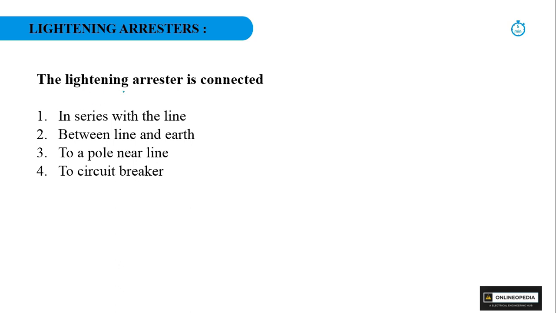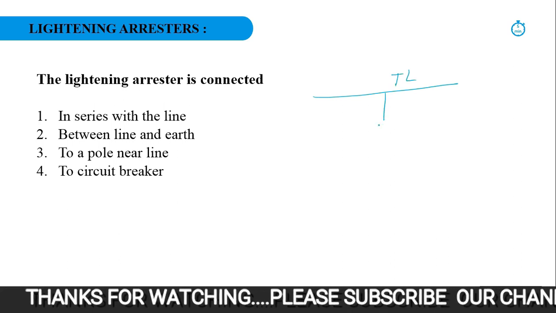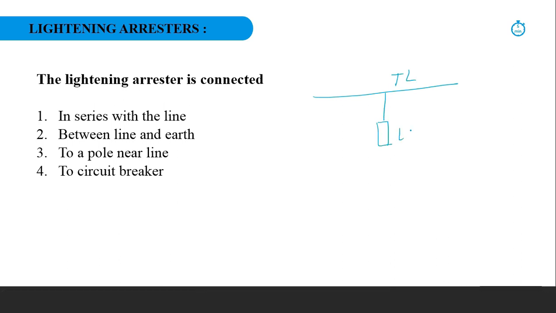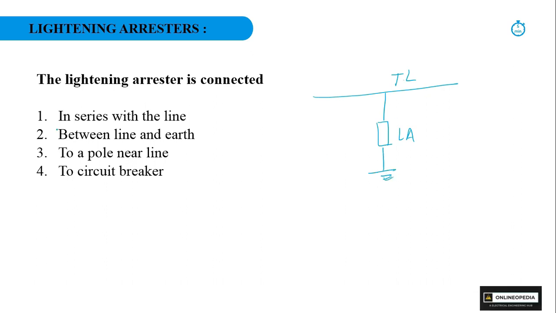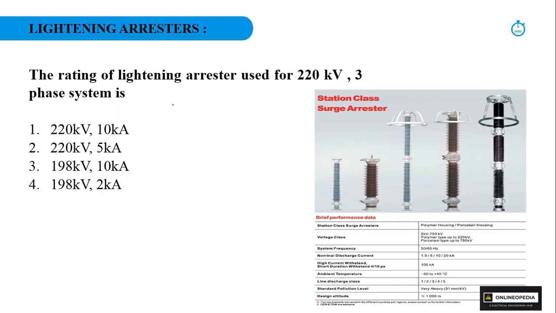Next question: the lightning arrestor is connected. As I told you, a lightning arrestor is normally connected between the transmission line and earth, so between line and earth is the option. Next question: the rating of the lightning arrestor used for a 220 kilovolt three-phase system.